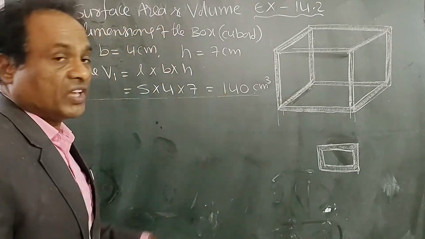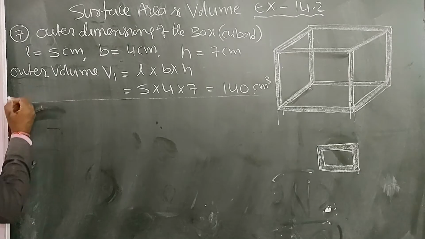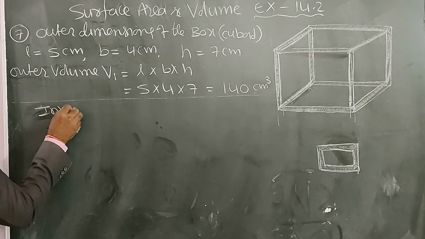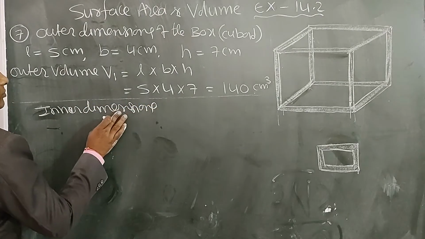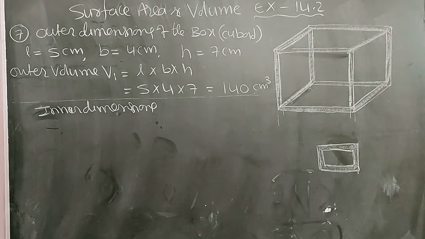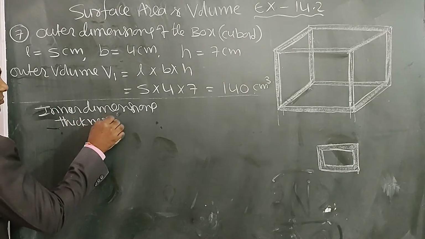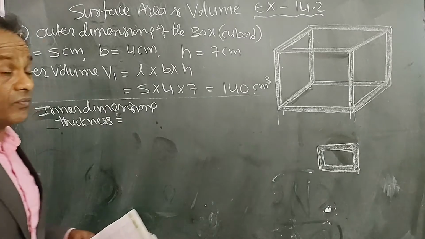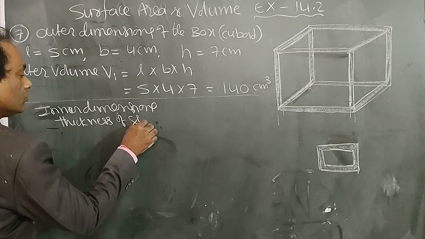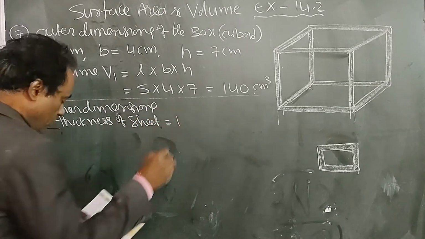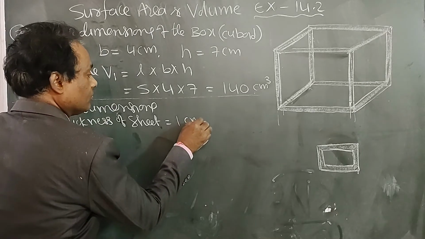So outer volume we got. Now inner volume. So inner dimensions. What is the thickness? Inner dimensions I am finding. The thickness of the sheet is 1 centimeter.